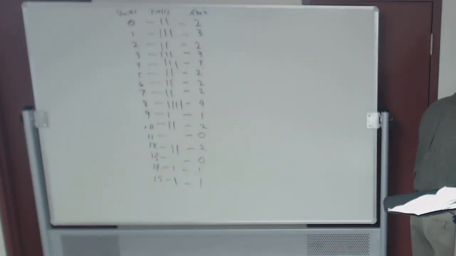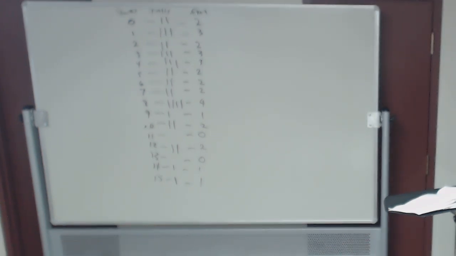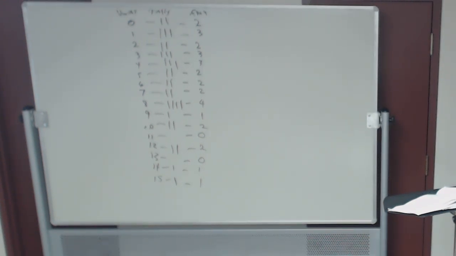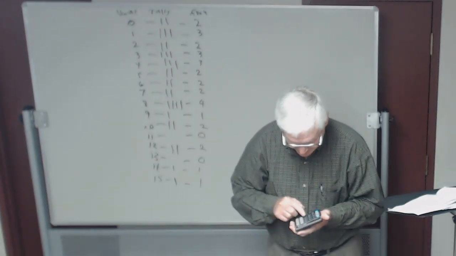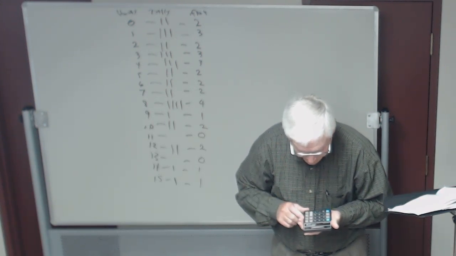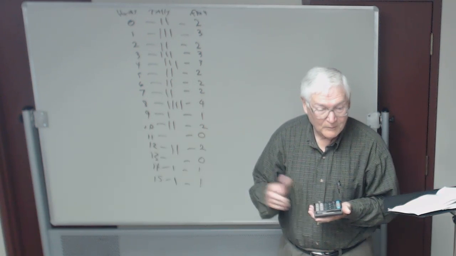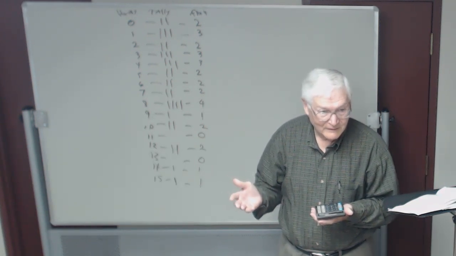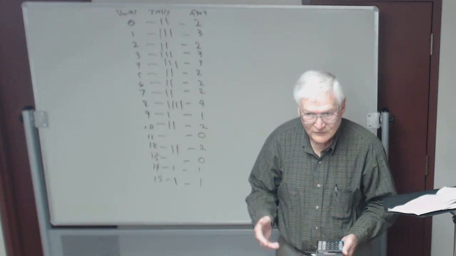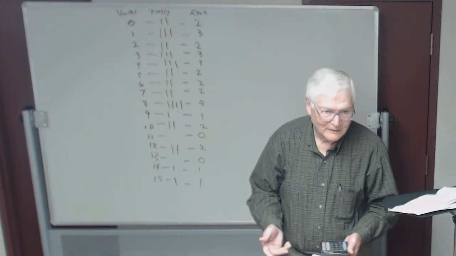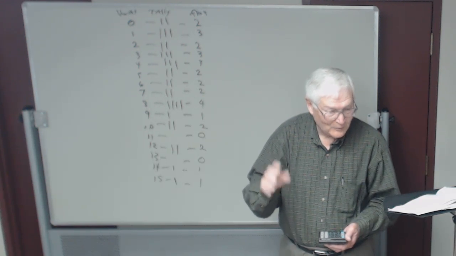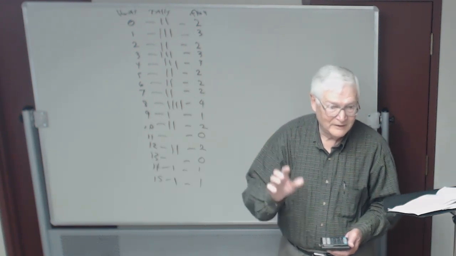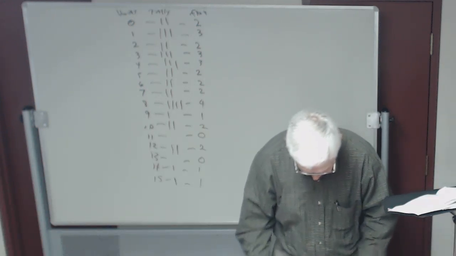Get my little calculator out. 11 divided by 30 equals 0.36666. So what percent would that be? Would it be 36 or 37%? 36.7. If it's to the nearest tenth, it would be 36.7. If it's to the nearest percent, it would be 37%.